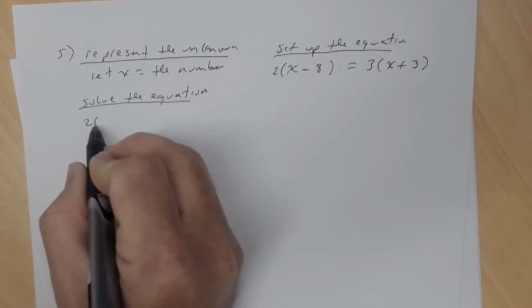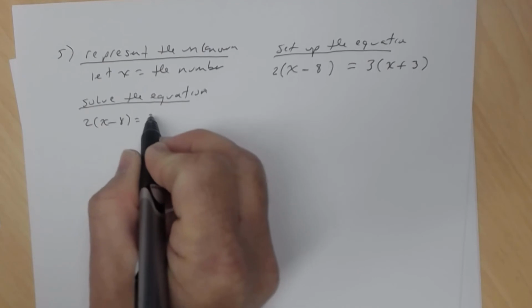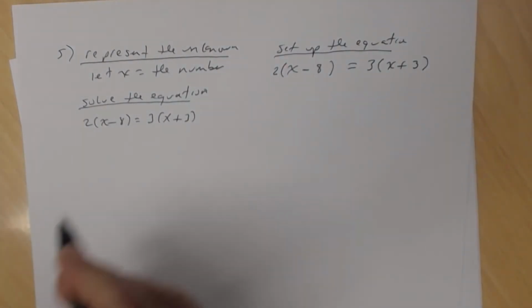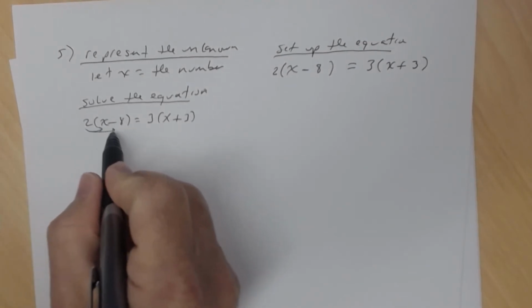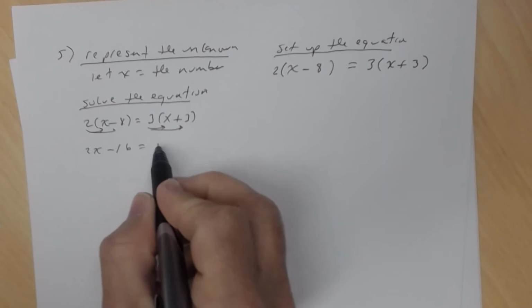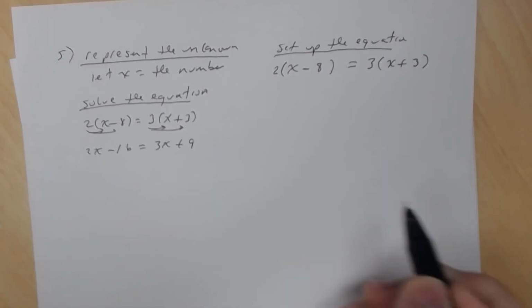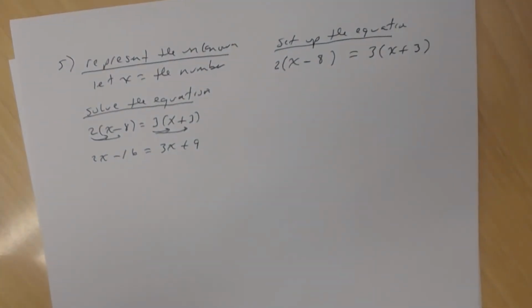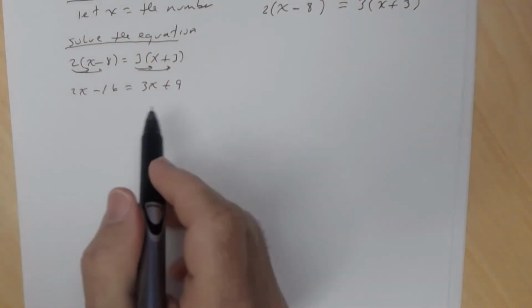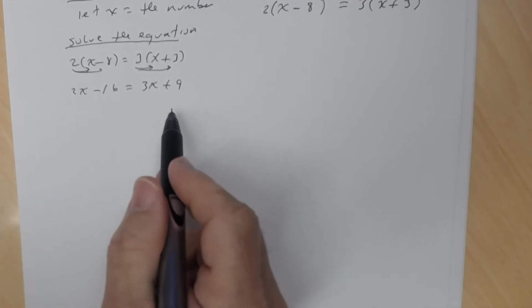I'm going to go ahead and just rewrite it. Based on a previous lesson, you're going to remove the parentheses using the distributive property. So I get 2x minus 16 equals 3x plus 9. It doesn't matter which side you bring the variables to; you can bring them to the left or the right.